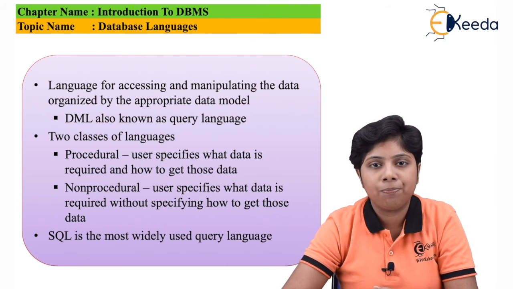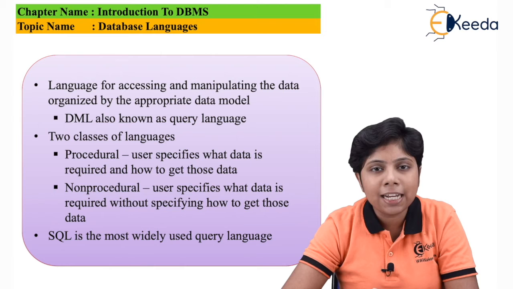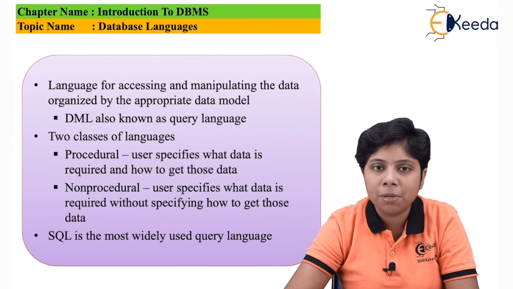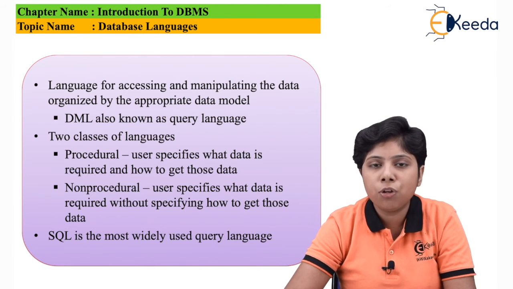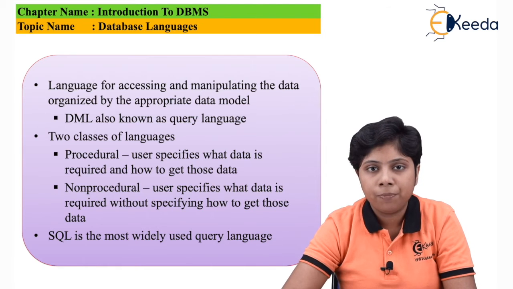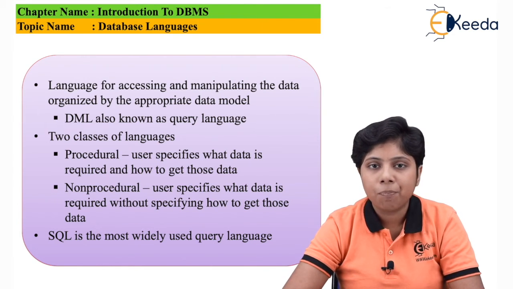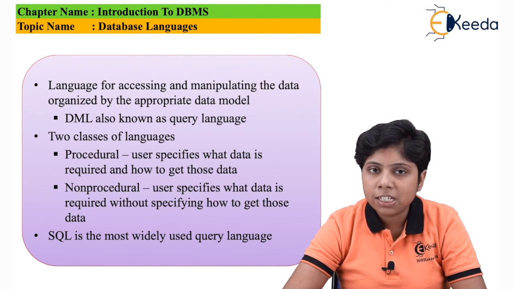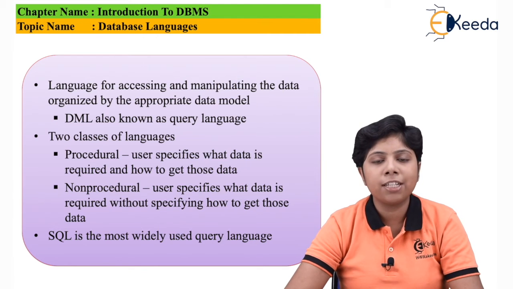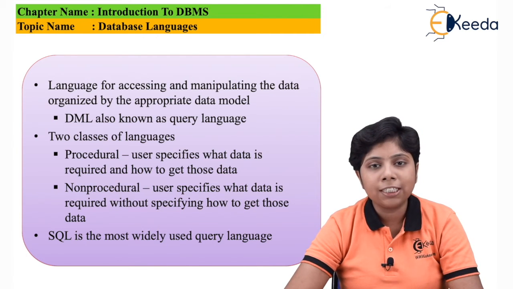It is entirely the decision of the DBMS how it will use and manipulate that data. The user wants only the data that is needed and not how to get that data. But in procedural DML, the user has to specify both what data and how to get that data.